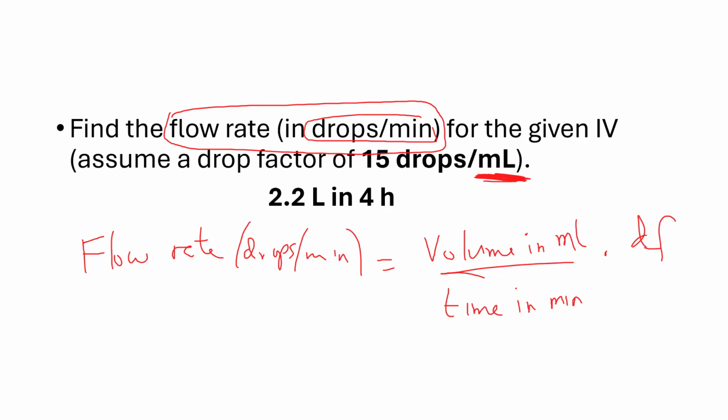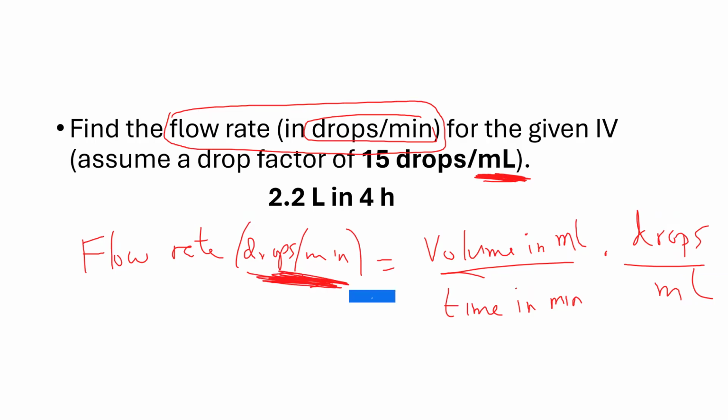Now, also, if you look at the drop factor, it is in drops per ml. Remember, the flow rate, what we are trying to find, should be in drops per minute.